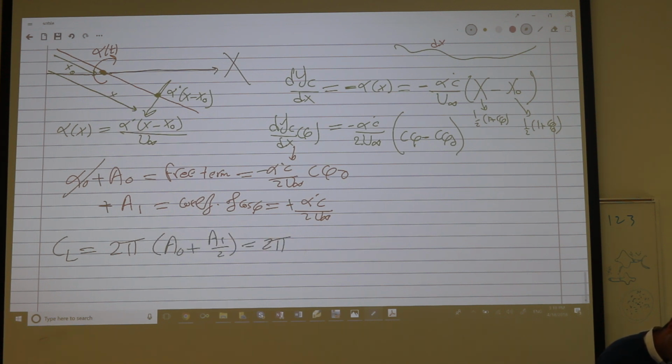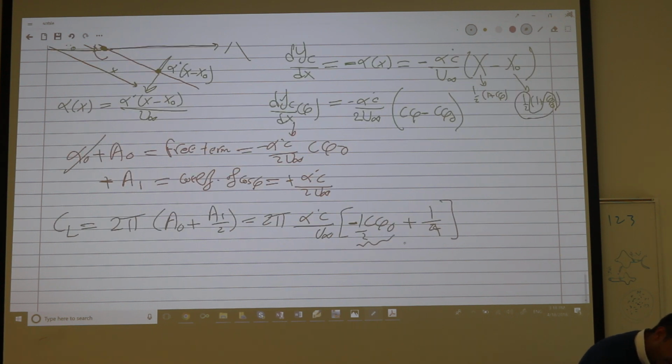Let's get that. So this is 2 pi times alpha dot C over 2U infinity, I'll take it as a common factor. What's A0? A0 is negative cosine phi naught, right? And what is A1? Here it is 1, so I have a half, right? I'll get this half inside, and half cosine phi naught is here.